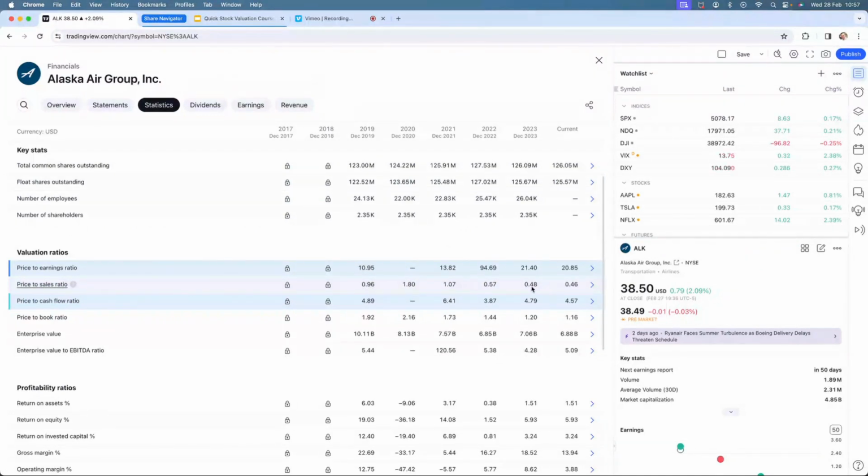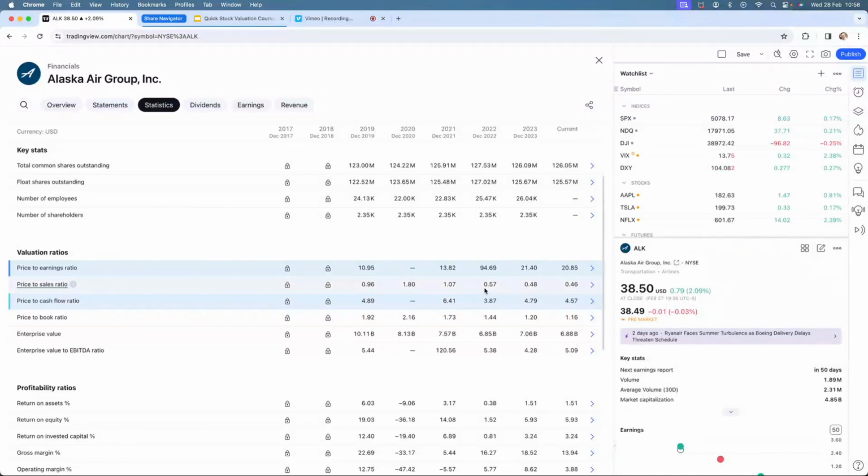In most recent years it's 0.46, all the way up to a high of 1.8 in 2020. Remember what happened in 2020: that was COVID. All of these metrics are off during COVID, so you ignore them. Actually, I would focus on the lower end, from about 0.46 to 0.57. So we're going to use that as our range.